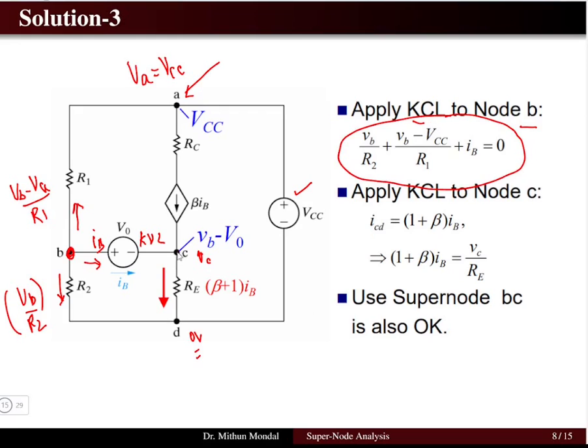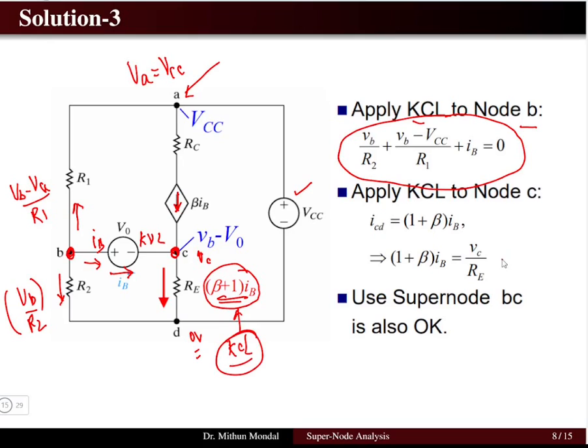Similarly, the KCL at node C we can write as current entering equals current leaving. We can see that beta IB, which is a dependent current source, is entering node C. IB is also entering in this direction, which means the current leaving node C is (beta plus 1) times IB, in accordance with Kirchhoff's current law.